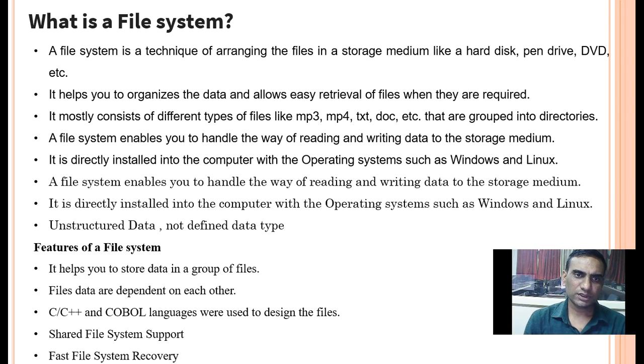It mostly consists of different types of files like MP3, MP4, text, documents, etc. You can store any type of file, and they are grouped into directories. So a file system enables you to handle the way of reading and writing data to the storage medium. It will provide one system, and by using that system you can handle the reading and writing of data from the storage medium.